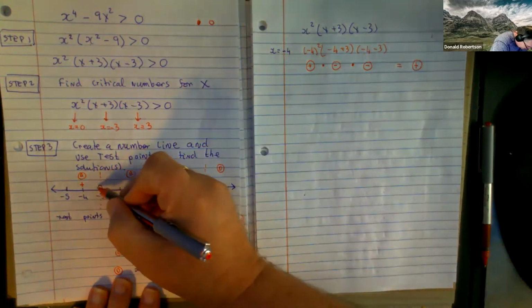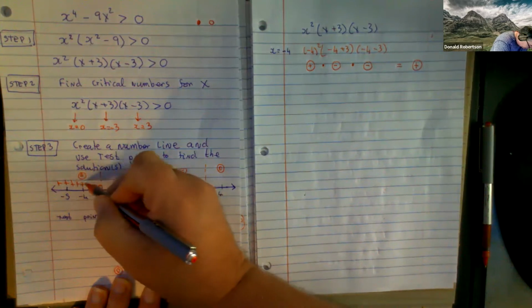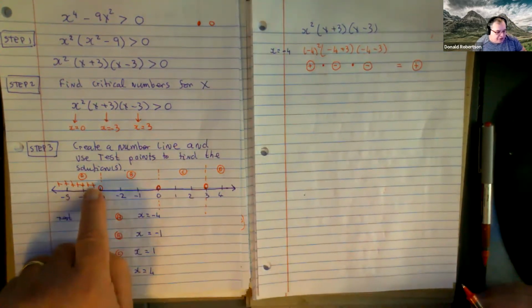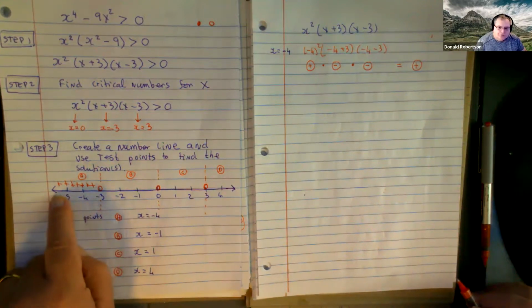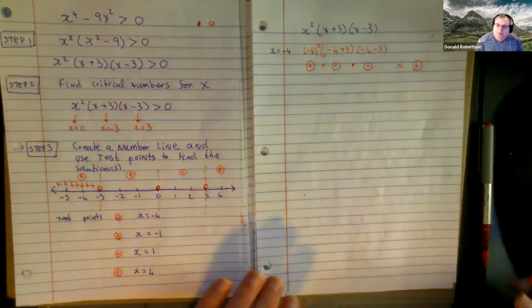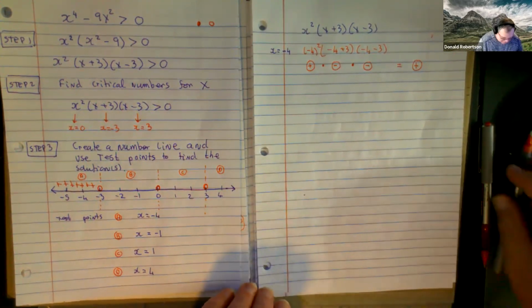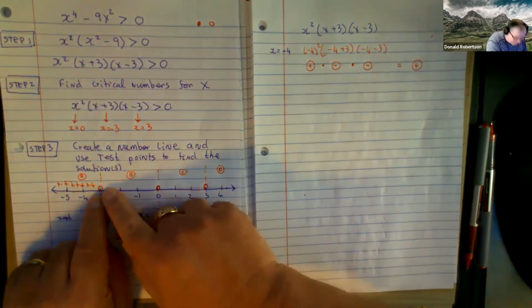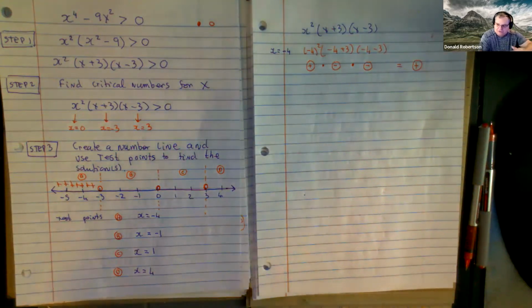And in fact, anybody in region A is positive. So I put lots of pluses in. That's essentially saying everybody here is positive. Any value of x you choose, this expression is going to be positive. And you might say, well, how can you do that with one test point? The math says, if these are the only places where something is zero, zero is like a transition point.